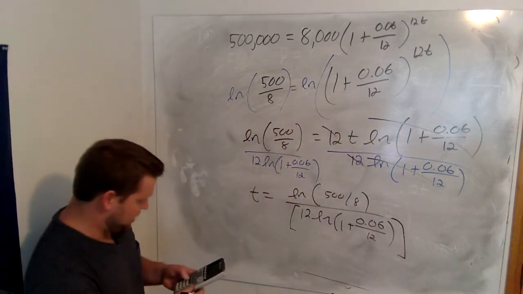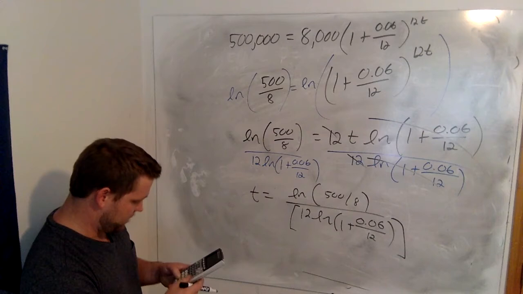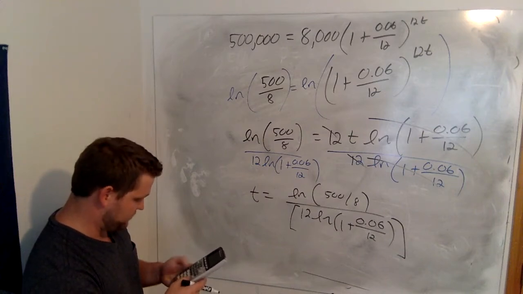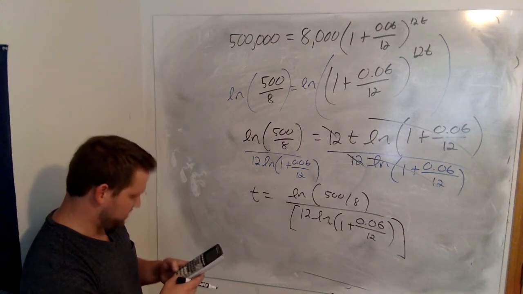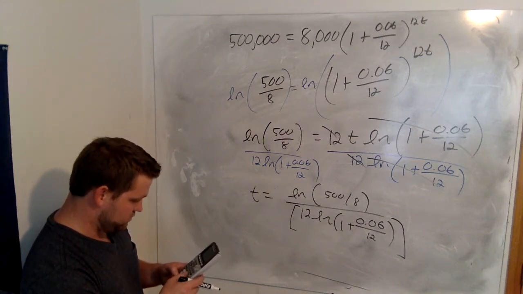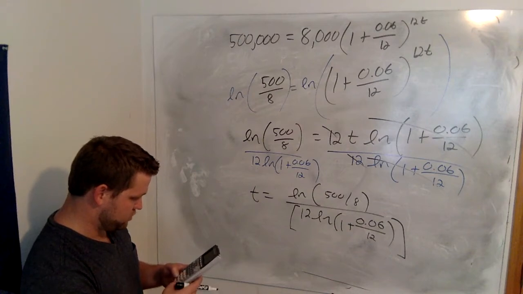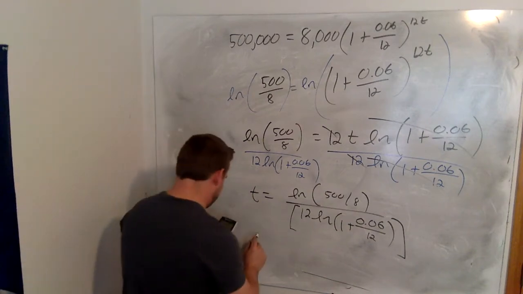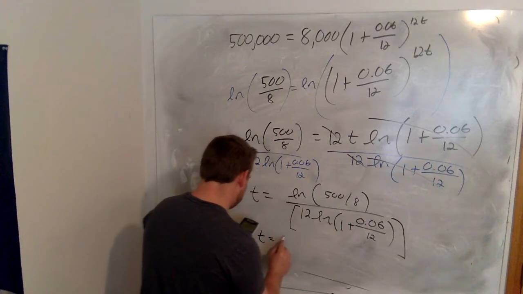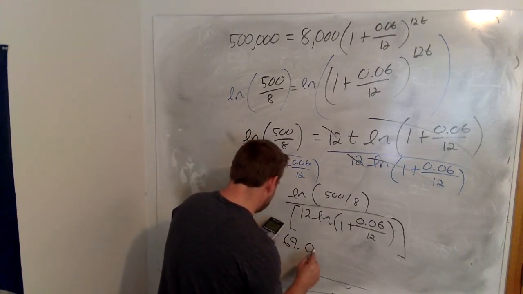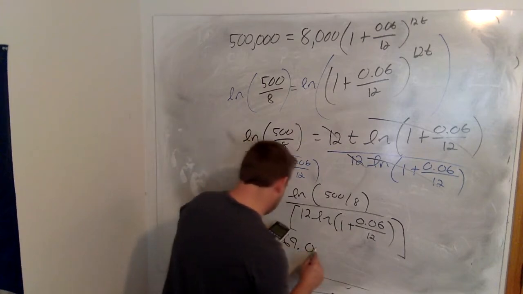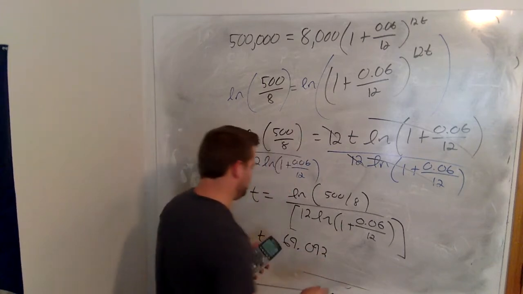So divided by, in parentheses, 12 times the natural log of 1 plus 0.06 divided by 12. And I'm getting that t is equal to 69.092 years.